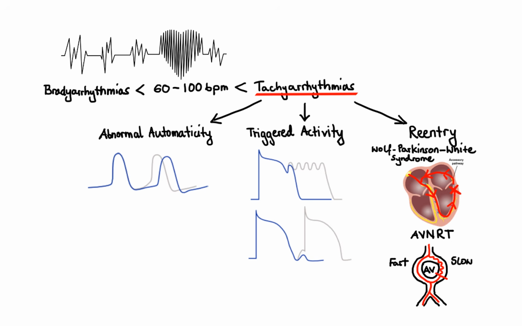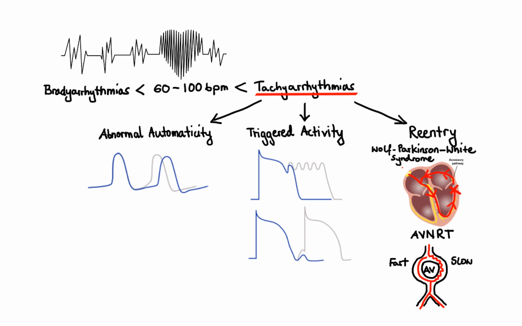Now, if a premature beat occurs at the time when the fast pathway is still in the refractory period, the signal will travel down the slow pathway. As the slow signal approaches the common pathway, the fast pathway comes out of refractory period. So now the slow signal spreads to the ventricles and it also travels up the fast pathway.